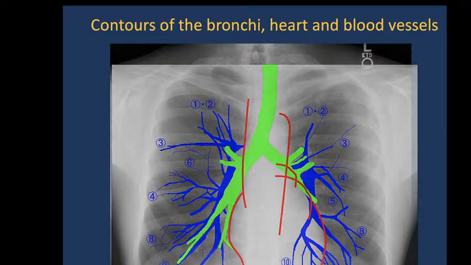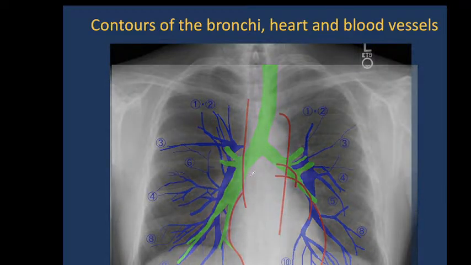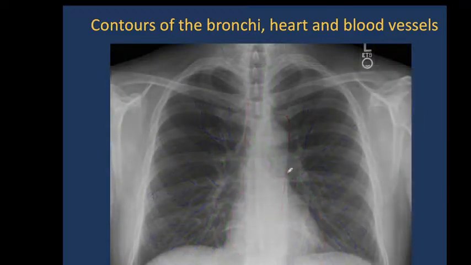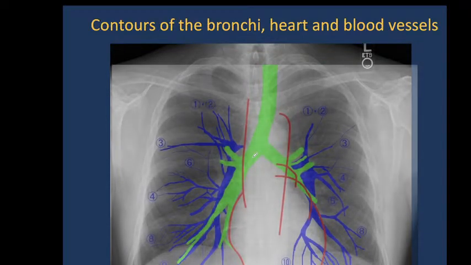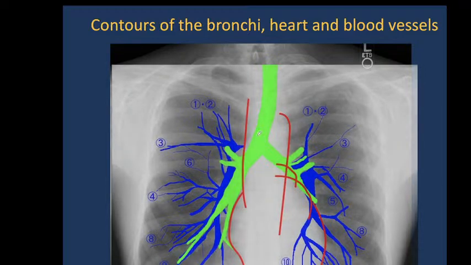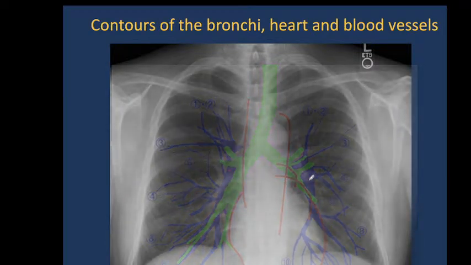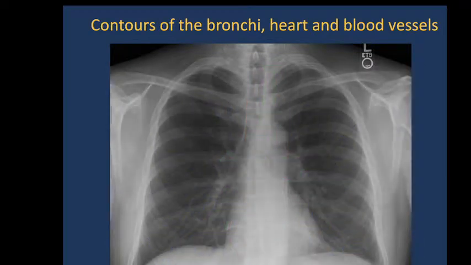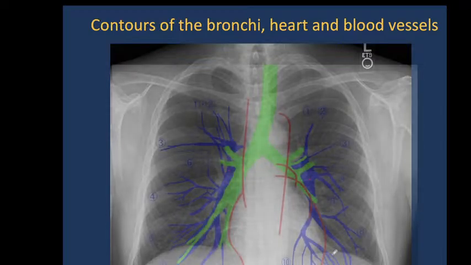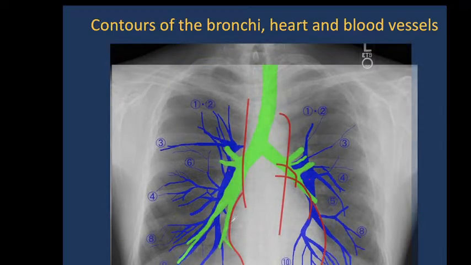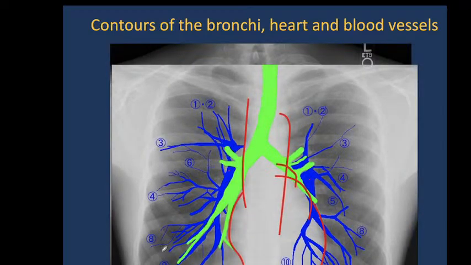The green is the trachea and main bronchi, and they are filled with air and visible. But the blue objects are lung vessels, which are filled with blood, and they are also visible.